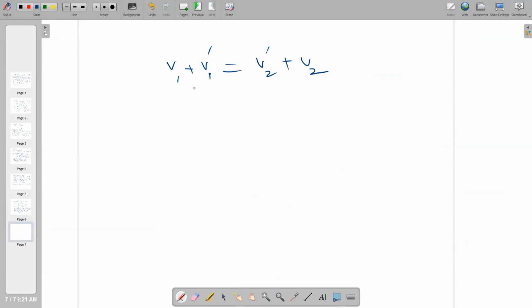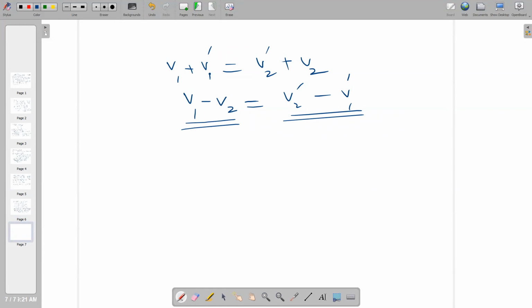I rearrange this equation: v1 minus v2 is equal to v2 dash minus v1 dash. This part is showing that the balls are approaching with this velocity, and after colliding they are separating. This is the difference in velocity of approaching, and this is the difference in velocity of separating.